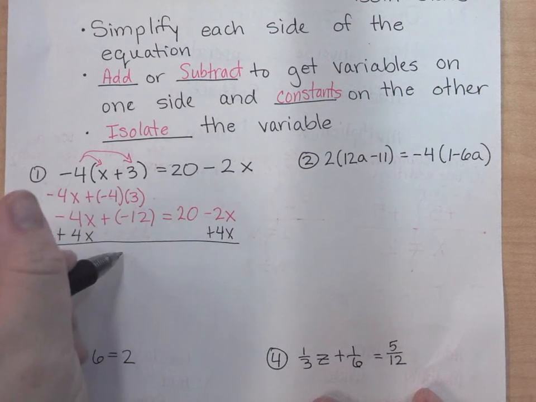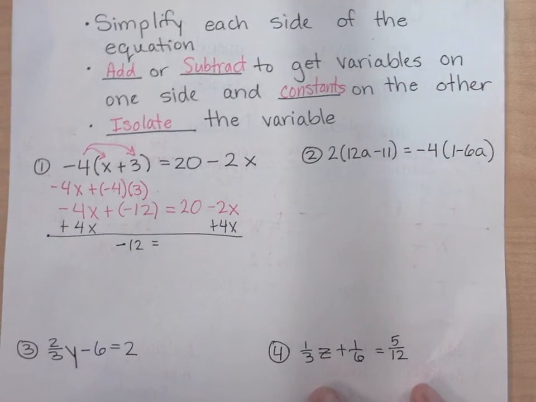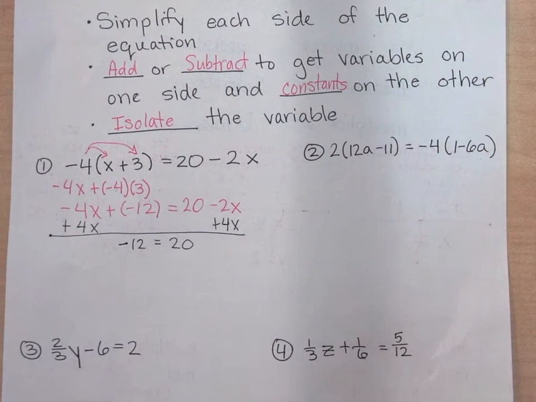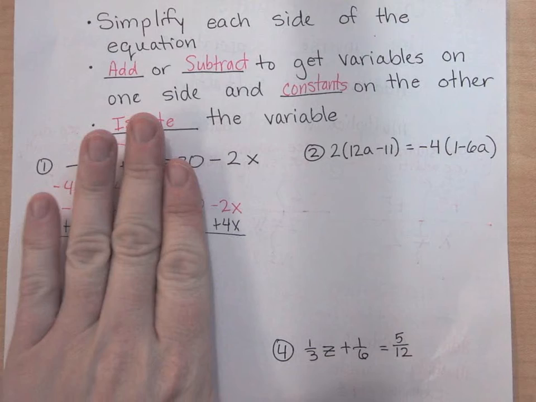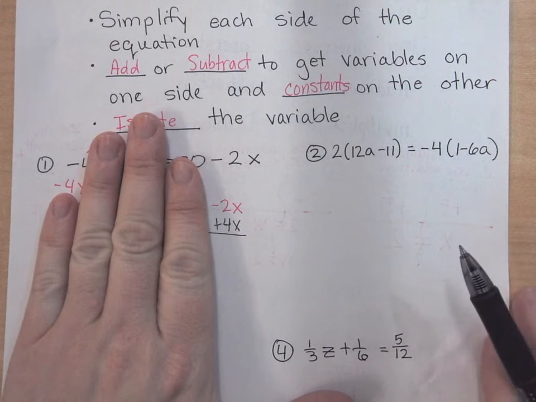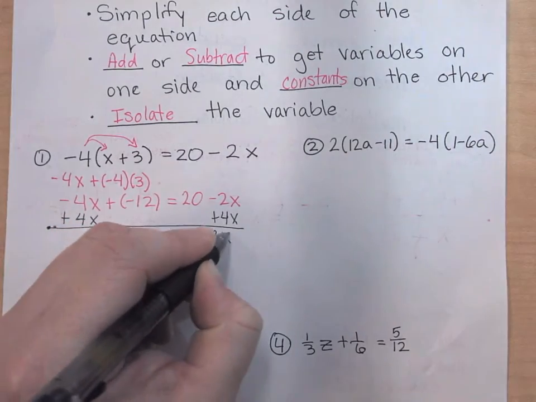So I'm left on this side with just the negative 12 equals 20. And then I have, think about it like you don't have this part. So negative 2x plus a 4x is what? 2x. A positive 2x. Okay?